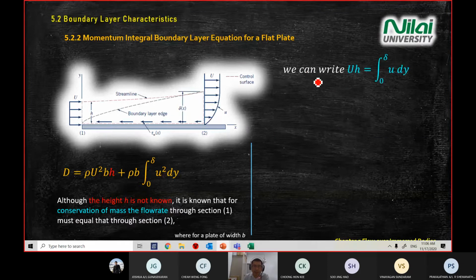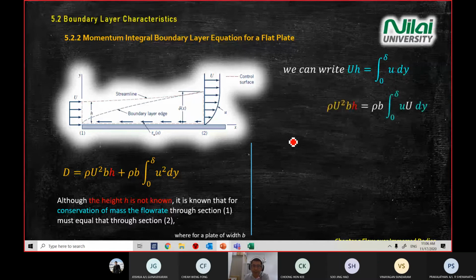Now, this is just a side note for later steps. So we can write U times H equals the integration from 0 to delta, which is the height here, of u dy.